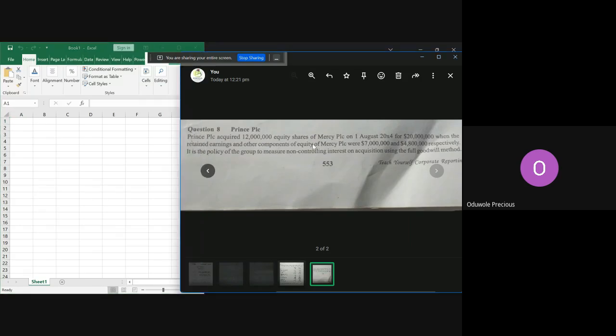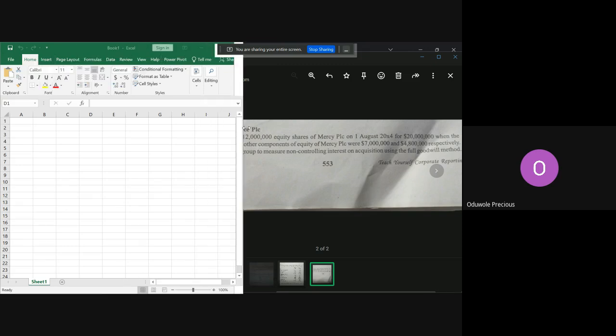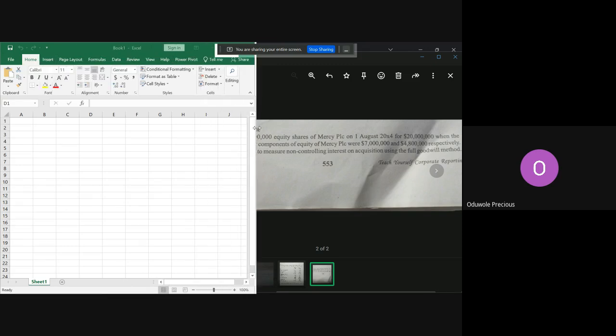Hope you can still see both, because I don't want one to cover the other. I can see both. Why don't you just enlarge the Excel? I'm actually using my laptop, so I can see the question from my phone. Okay, no problem. Most people use their phones for the class.